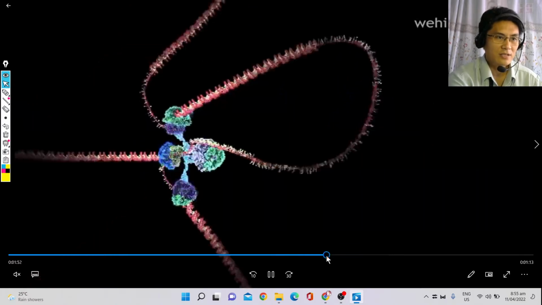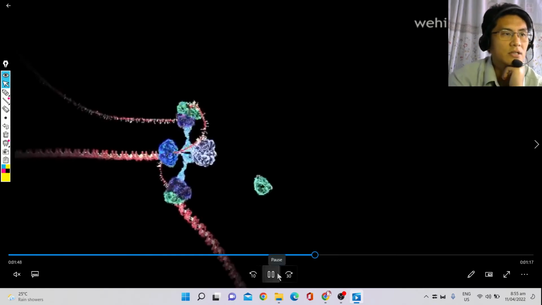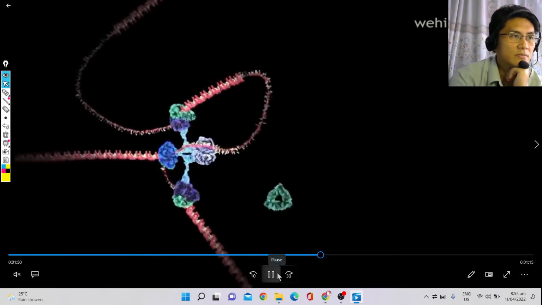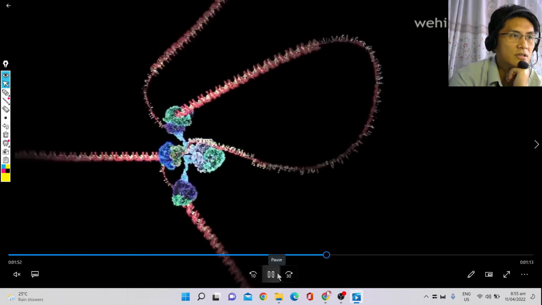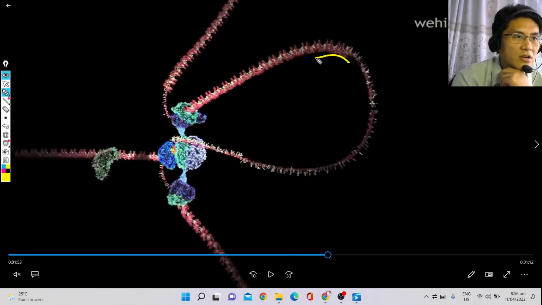So it's much better to see in this case. So let us move a little bit. See, pause. So you see, in this case, this one is one fragment. So it starts here, goes back.